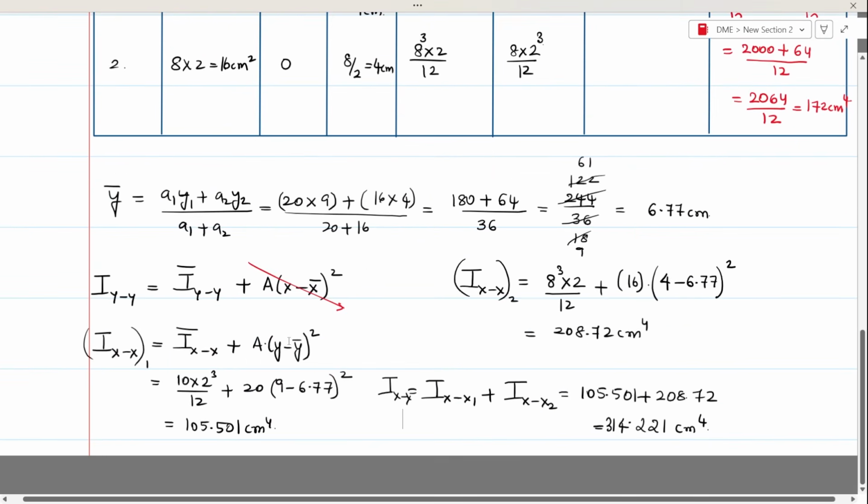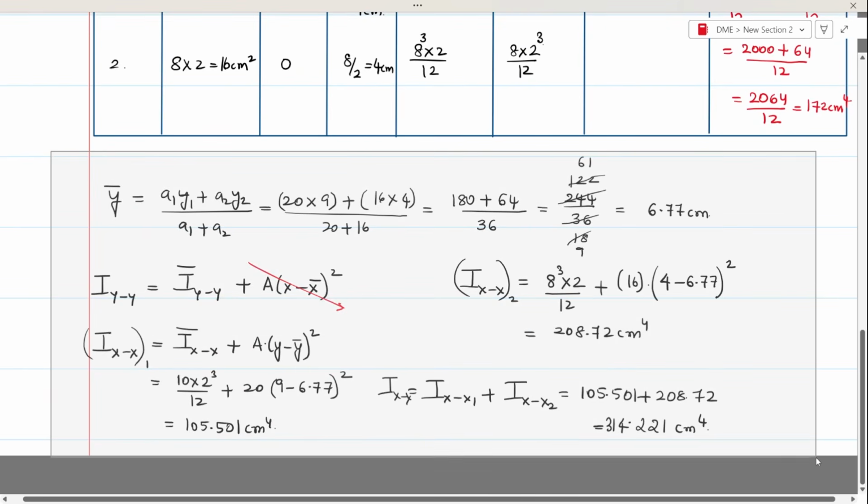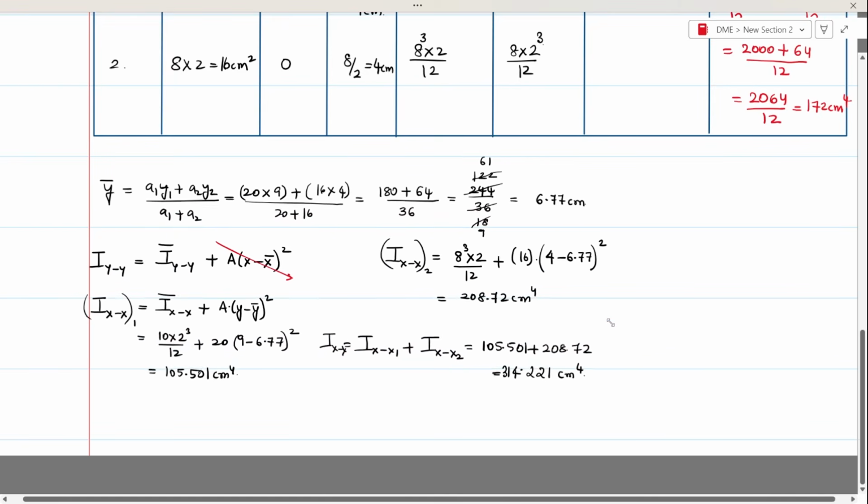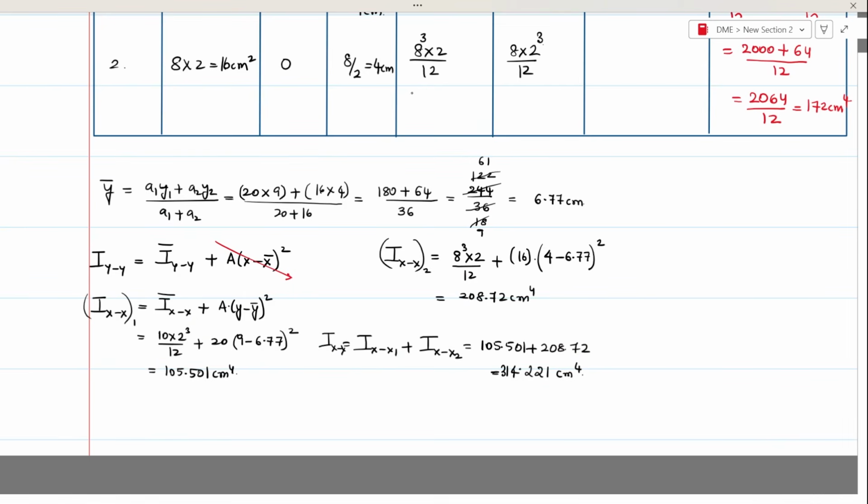So now that we have computed the moment of inertia about the x-axis as well as the y-axis, let me finish the problem with one more parameter, that is the polar moment of inertia, which is nothing but the summation of Ixx and Iyy.